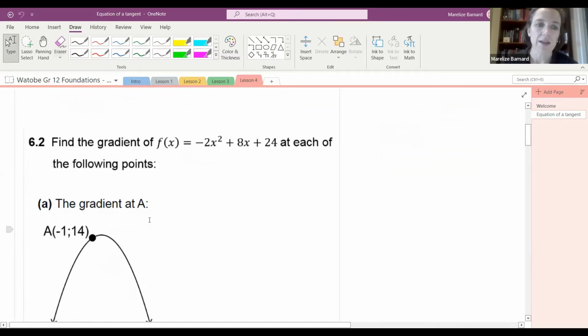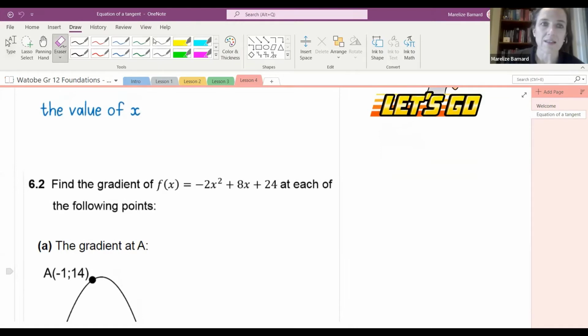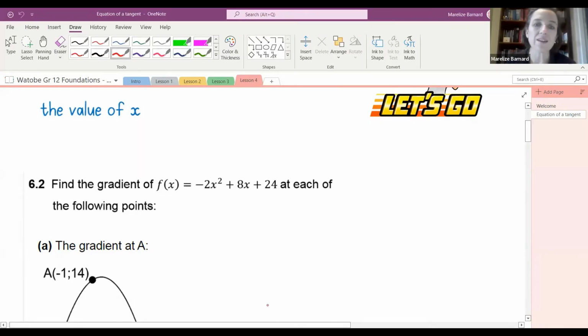Okay, so we can see that this is a quadratic function, so it's a parabola. And if we want to find the gradient at a point, we need to find the derivative and substitute in the point. So what I want each of you to do now as we warm up is find the derivative of this function. In other words, differentiate it.